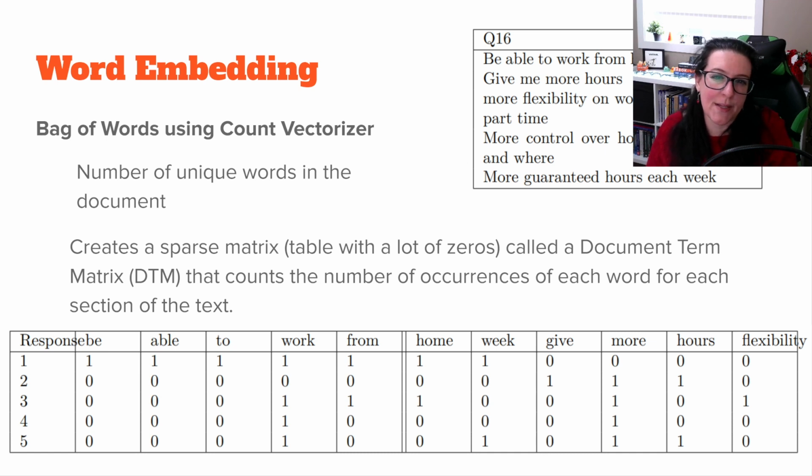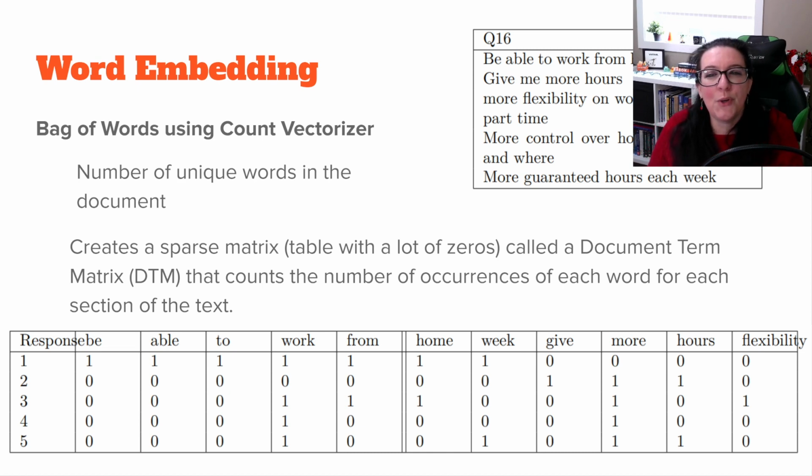What we're doing is taking each word, because here we are doing our tokenization by word, and then identifying how many of each word appears in each response. So in our survey, for each respondent, what words did they use? We can see, looking through at least the first couple responses, that home appears twice, from appears twice, work appears like 4 times.